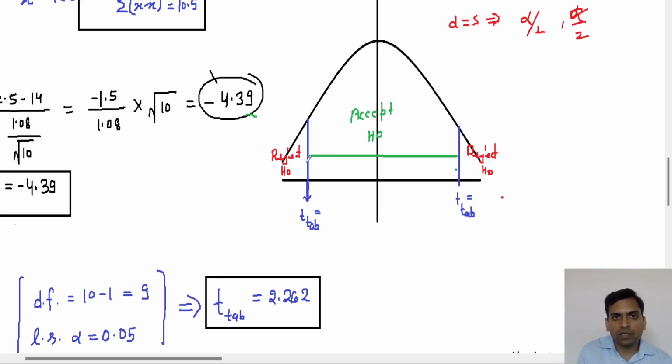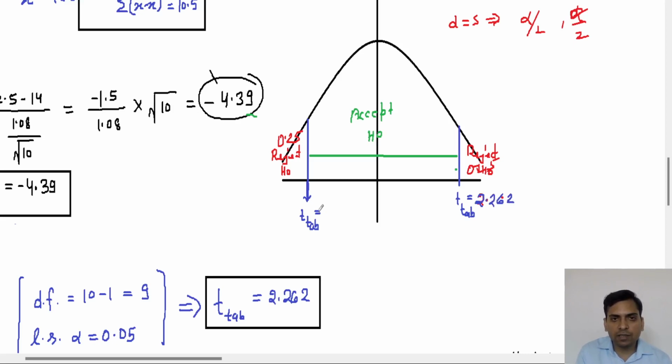So alpha by 2 this side and alpha by 2 this side. This means this is 0.025 and this is 0.025. So this is rejected region. This tabulated value is 2.262.